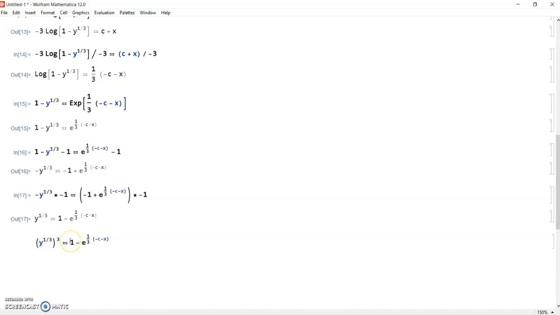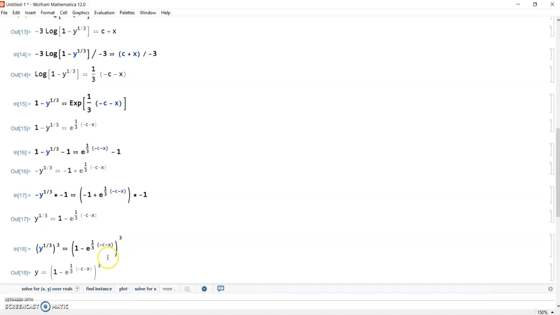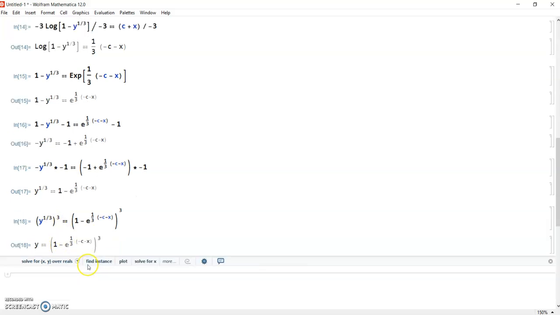On the right hand side, I will also take the power 3, the same operation on both sides. So control 6 here, and then 3, and then shift enter. Yes, in this way, this y power 1 by 3 power 3 has been simplified into this. So this is the answer.